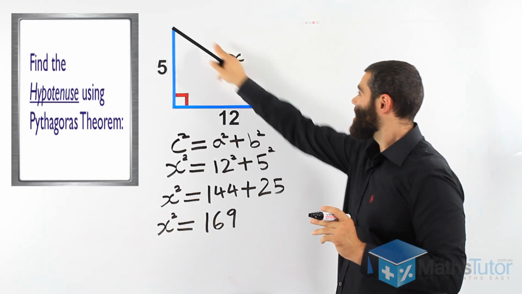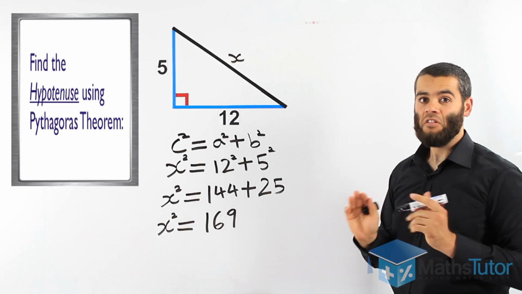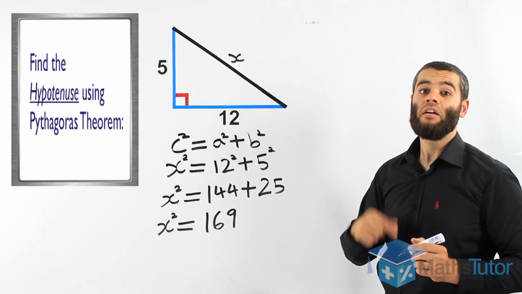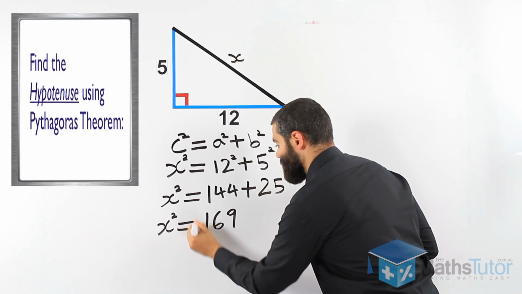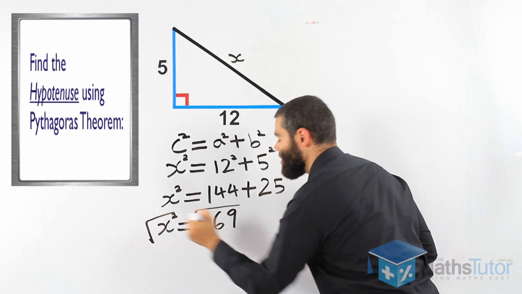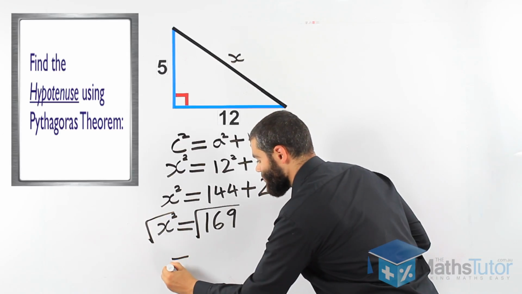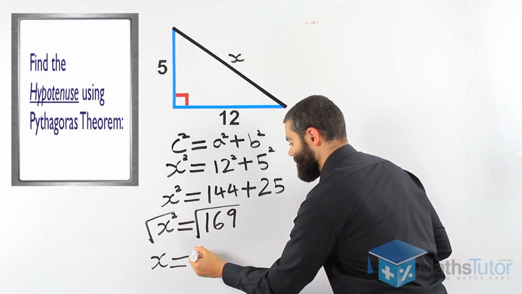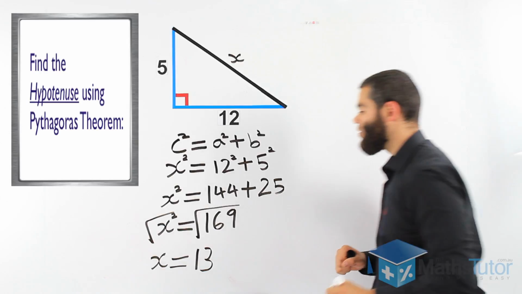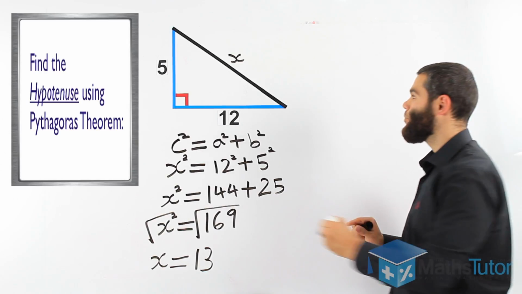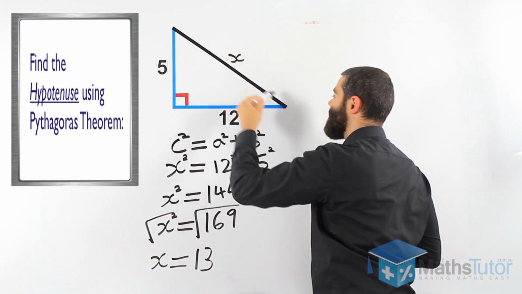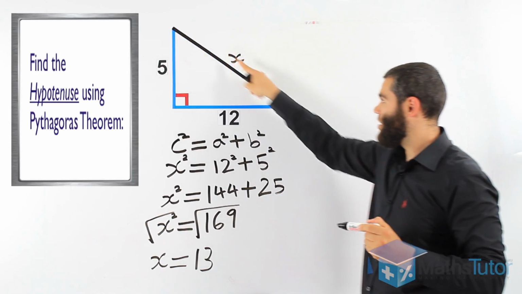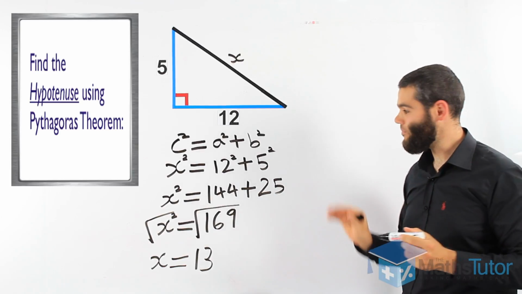Hang on, we want x. We don't want x squared. So the opposite of squared is square root. So we square root this side and that side to get rid of the squared. We're left with x equals the square root of 169, which is 13. That means the hypotenuse is 13 units long. This is 12, this is 5. The longest side in this case here is 13.